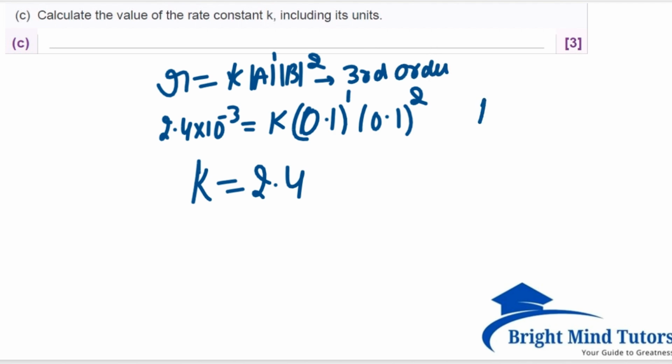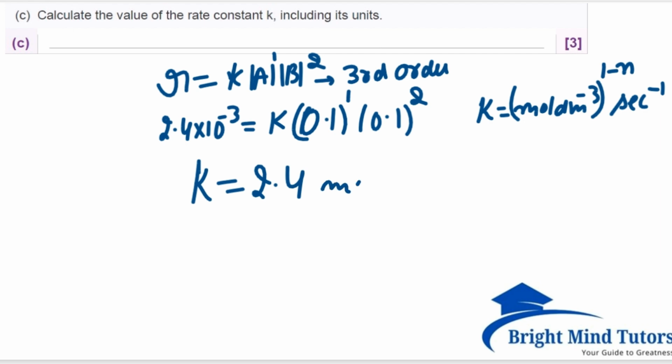The general units of the rate constant are mole per decimeter cube, or mole per liter also you can write it, raised to the power of 1 minus n, per second, where n is the order of the reaction. Now here we keep the n value as 3 and write the units of the rate constant.